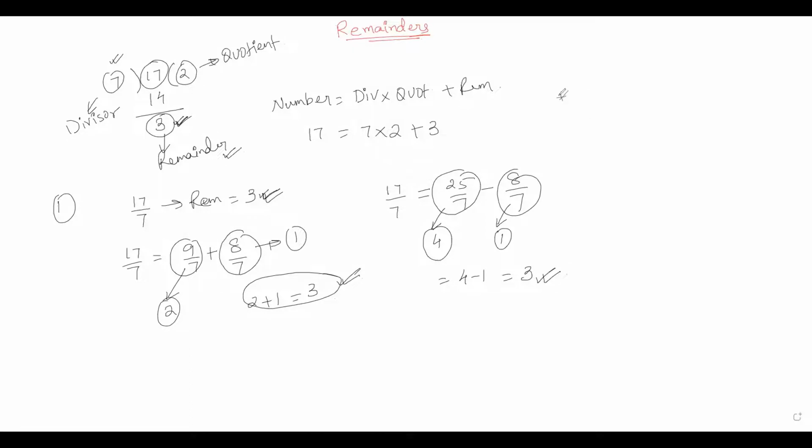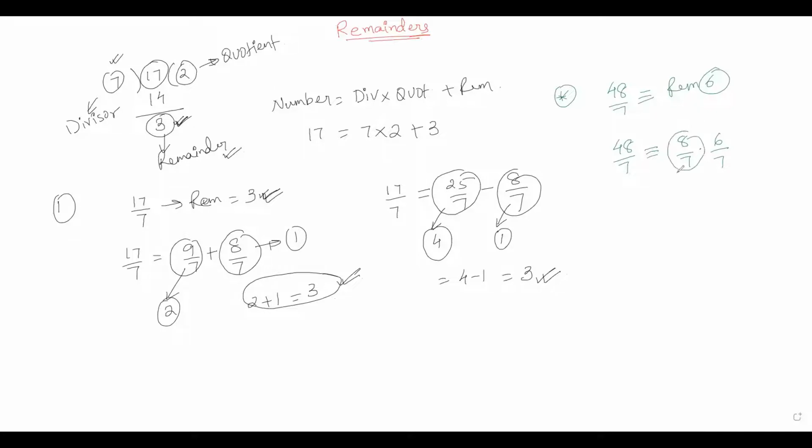Now, the same is also true when a division is split into a product of 2 divisions, keeping the divisor the same. For example, say I know when we divide 48 by 7, we get the remainder as 6. Now, 48 by 7 can be split as a product of 2 divisions having the same divisor 7, as 8 by 7 times 6 by 7, because 8 times 6 gives us 48.